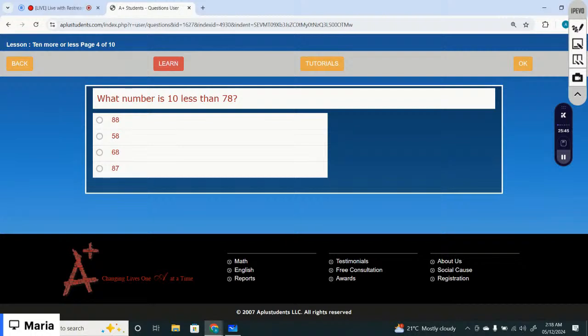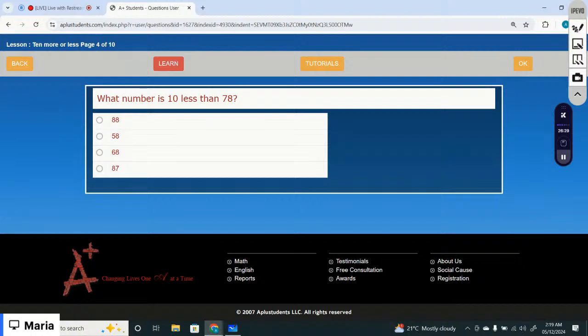What number is 10 less than 78? Ten less than 78 means you have to subtract 1 from the tens digit, because the other digit is already a 0.